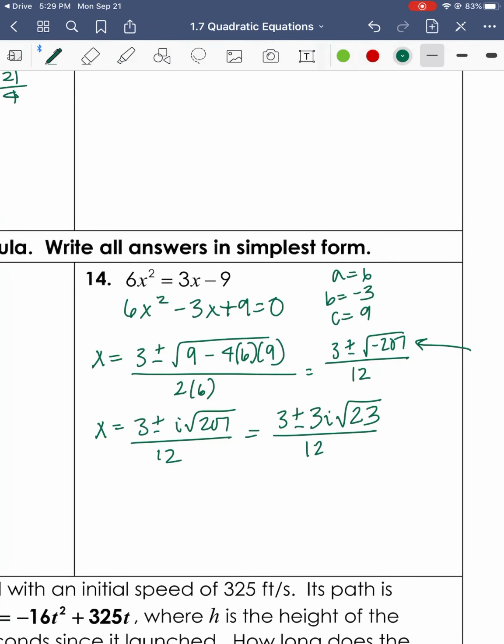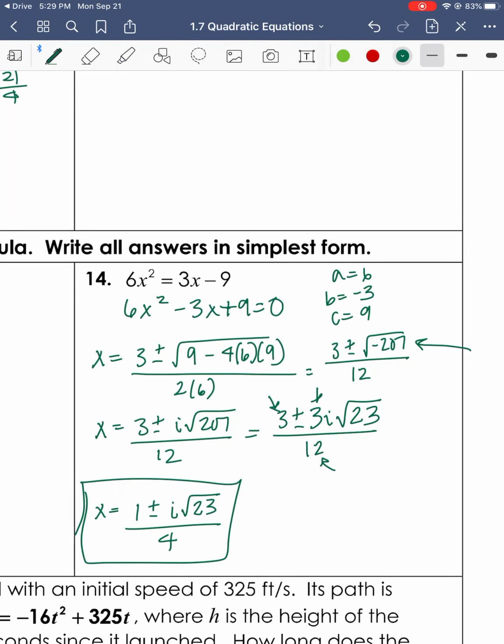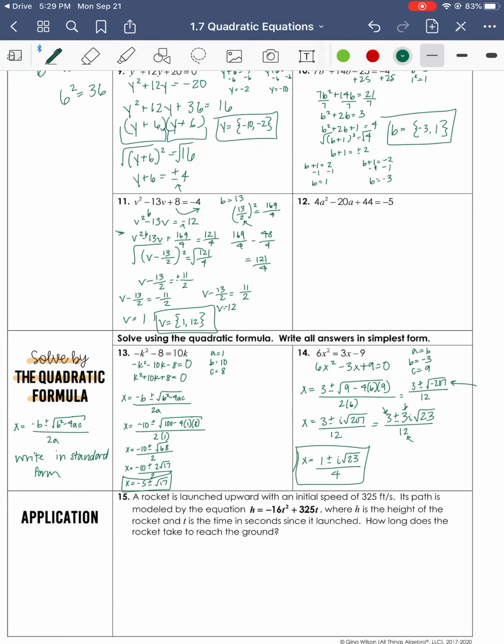Then we divide all of these constants, this 3, this 3, and this 12, each by 3, and we get x is equal to 1 plus or minus i root 23, over 4. I believe that is our final answer there.